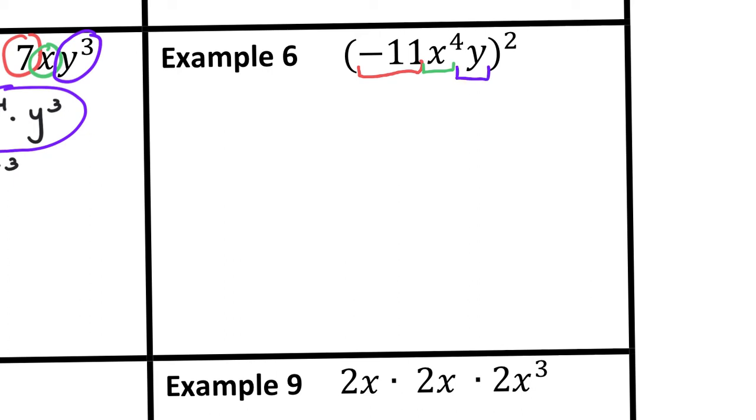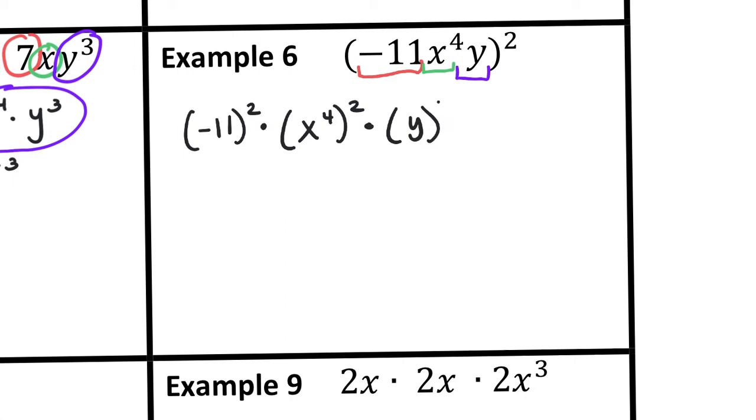But each one is going to be raised to the second power. So what it's going to look like is the negative 11 is going to be raised to the second power times x to the power of 4 is going to be raised to the second power times y is going to be raised to the second power.